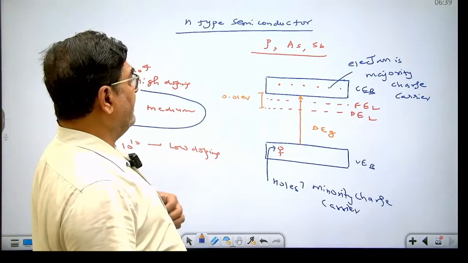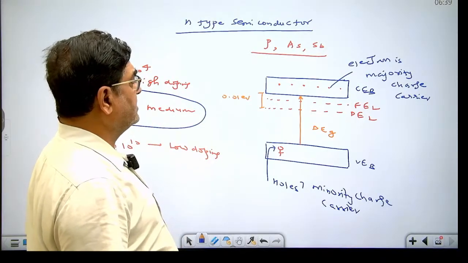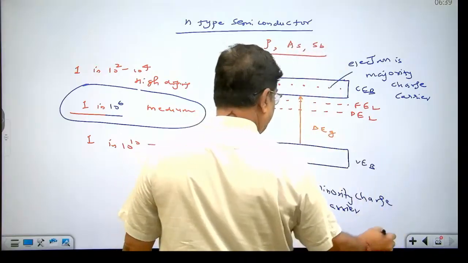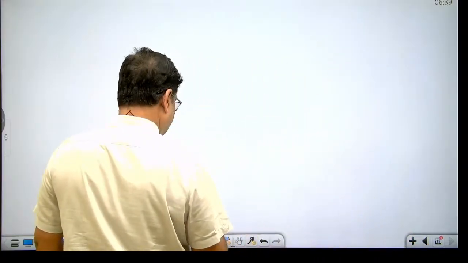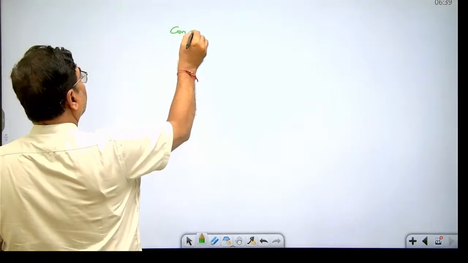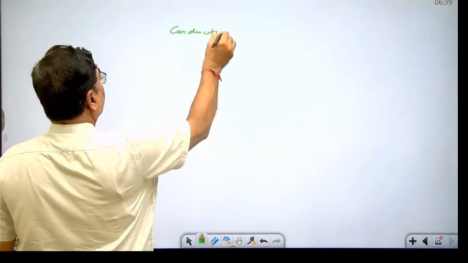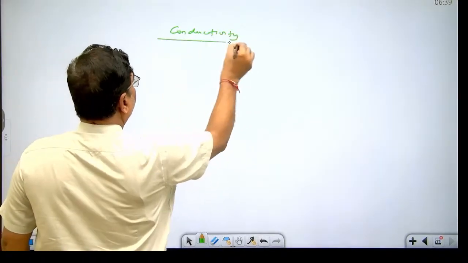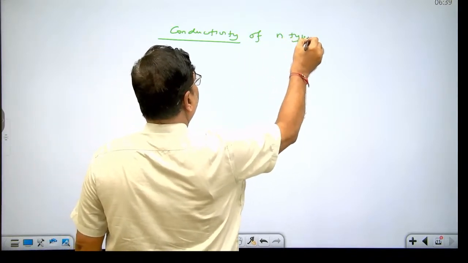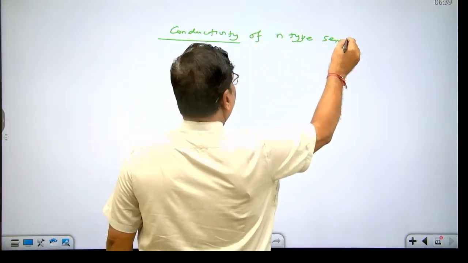The Fermi energy level in N-type semiconductor is located nearer to the conduction energy band. And dear student, the conductivity of N-type semiconductor.